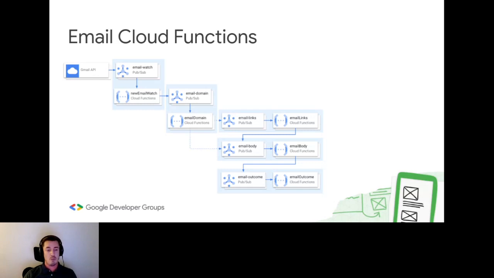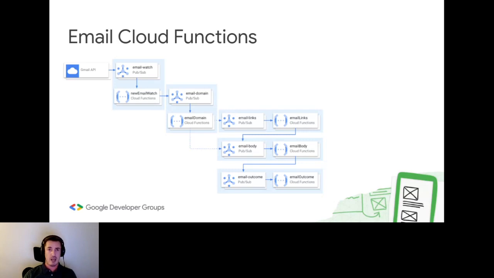So once that is done, we have the email domain, email links, email body, and an email outcome, right? In the email domain, we need to extract most likely the sender. What is the domain that is sending the email? Then we do a couple of things there and see if that domain comes up somewhere, or in AutoML, as a phishing domain or something else.